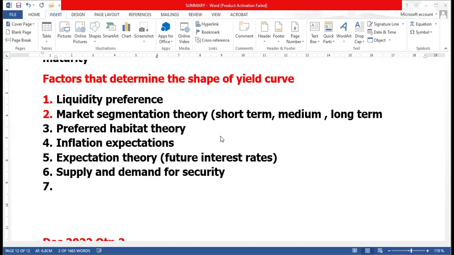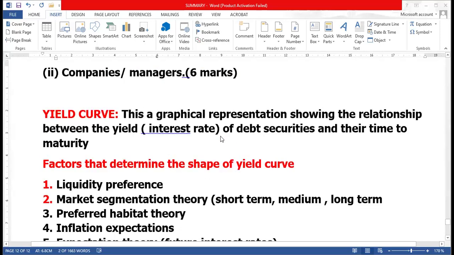Investors prefer short-term bonds, and they are going to invest in long-term bonds if they yield high interest. So what does that mean? If I go ahead and invest in a long-term bond, the curve is going to change. Long-term yields become higher.